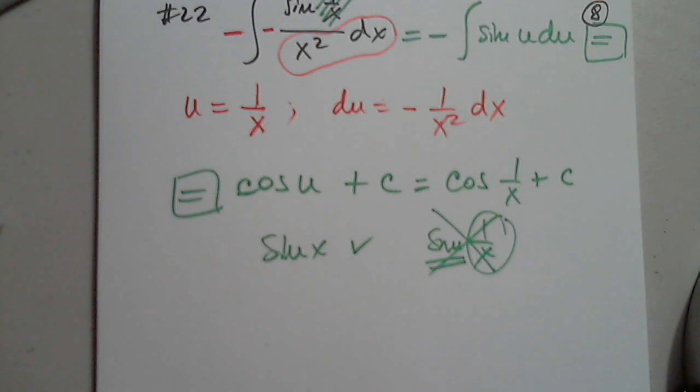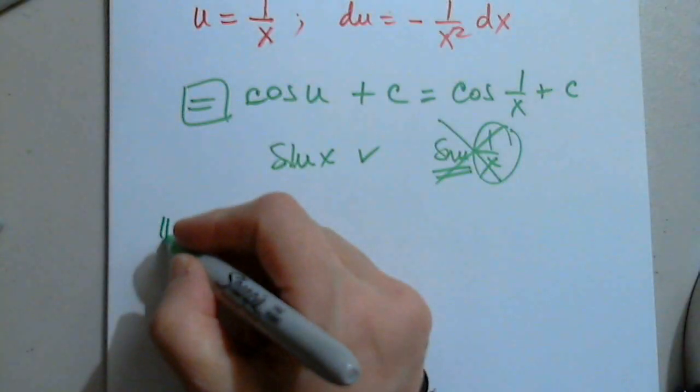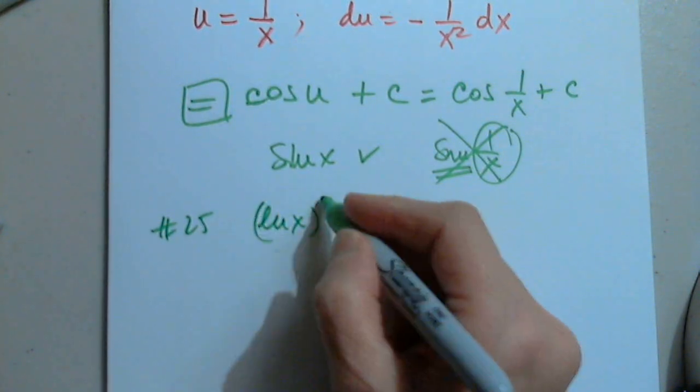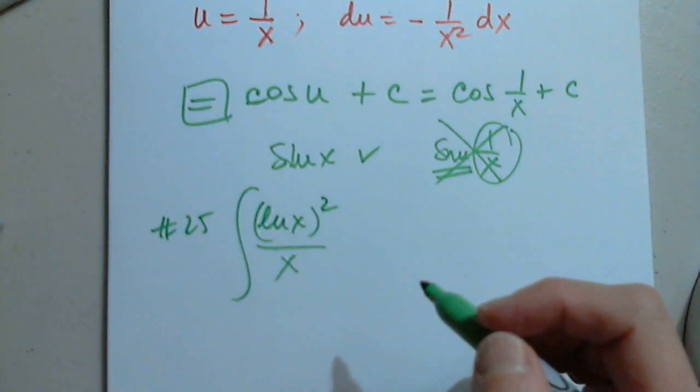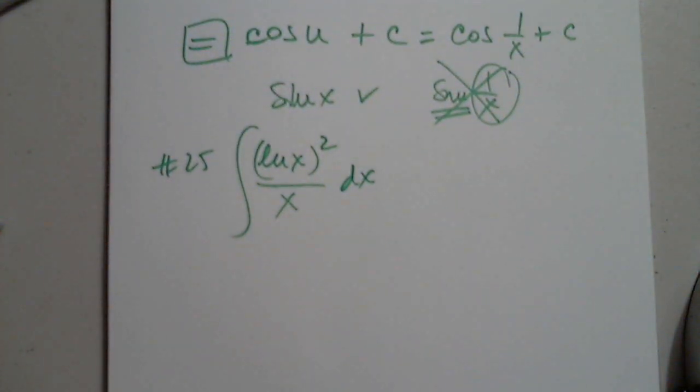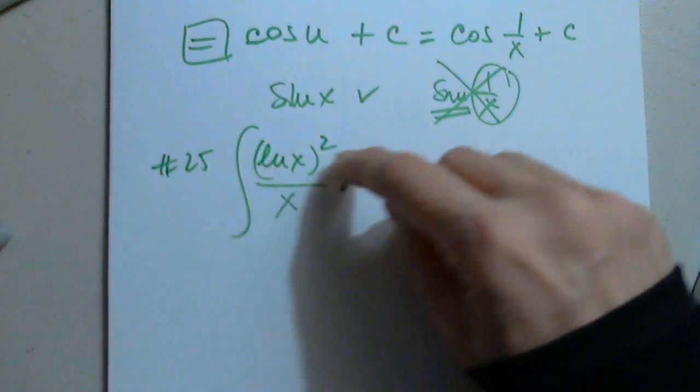25. 25 is the integral of natural log x squared over x dx. What bothers you here? Definitely natural log x, because it's inside the power.